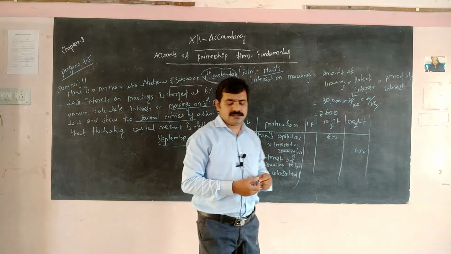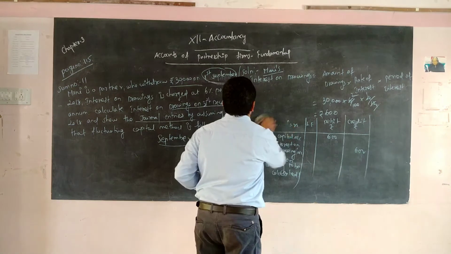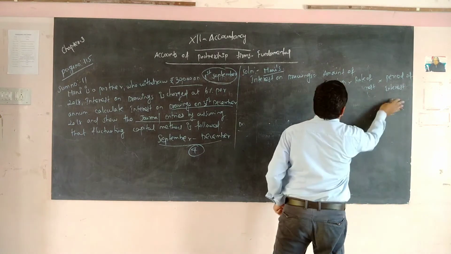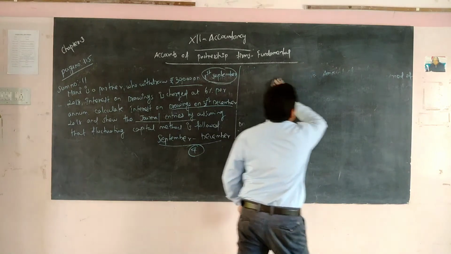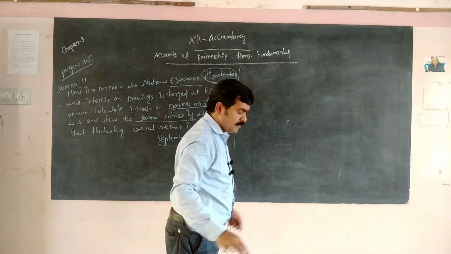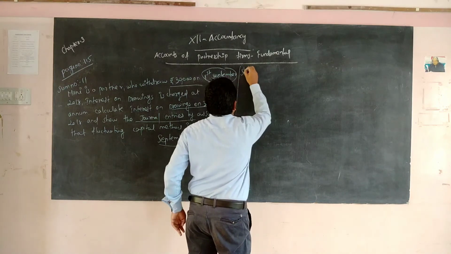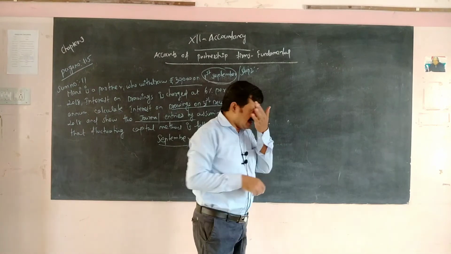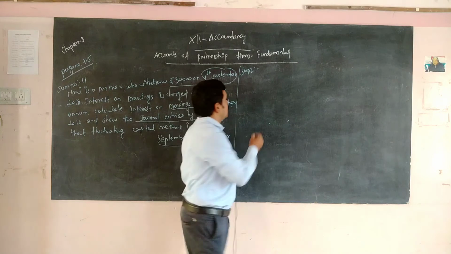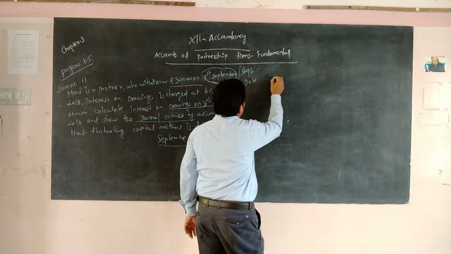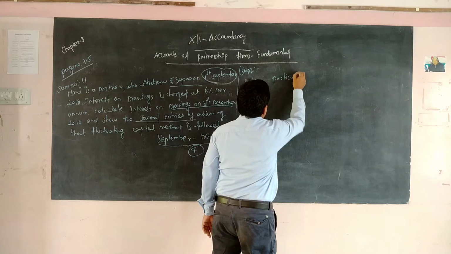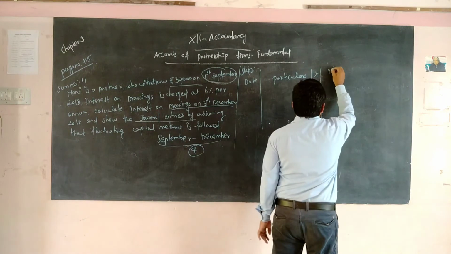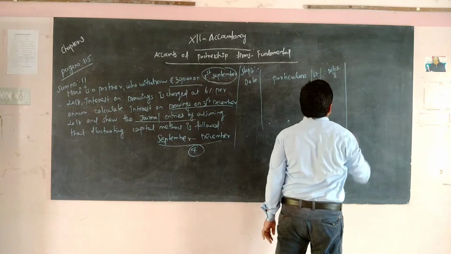So this is the narration. Now I am going to start the next step, step 2. I have to close the interest on drawing. The interest on drawing account is debited and the profit and loss appropriation account is credited. So the date, particulars, LF, debit, credit.